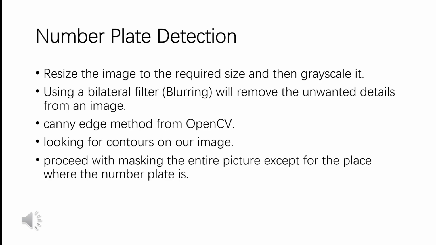Normally, using blurring will remove the unwanted details from an image. So the third step is interesting, where we perform the edge detection, and there are many ways to do it. The most straightforward way is to use the Canny edge method from the OpenCV library.